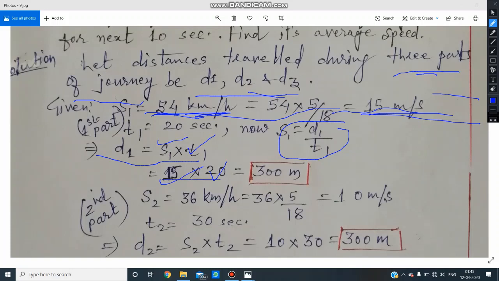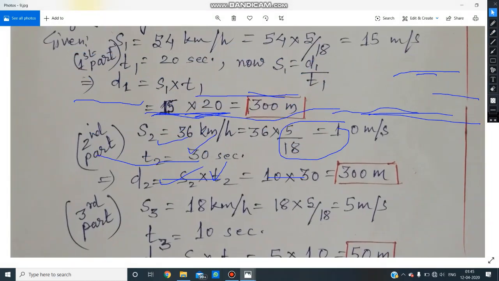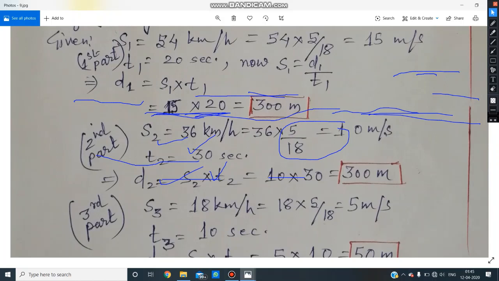The same value we have used here, and that gives the distance equal to 300 meter. Similarly, for the next part, we can see the speed value is 36 kilometer, and that has been converted into 10 meter per second. The time is 30 seconds.